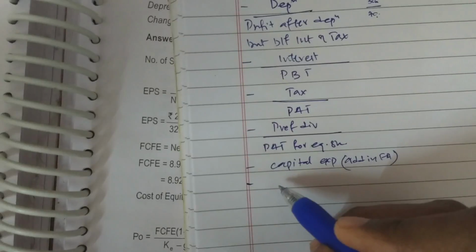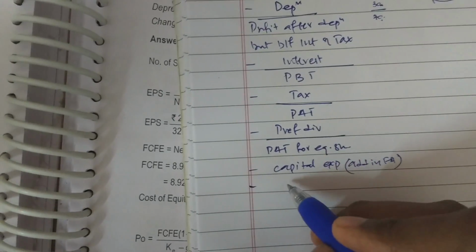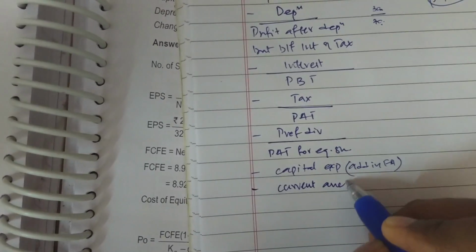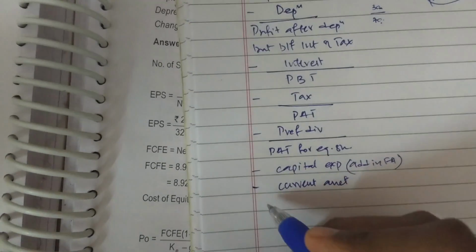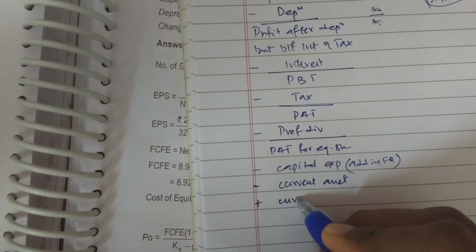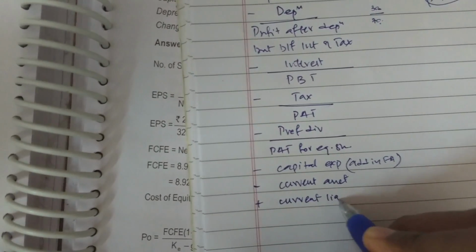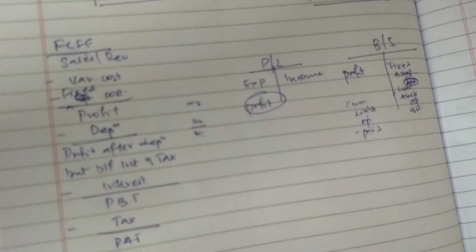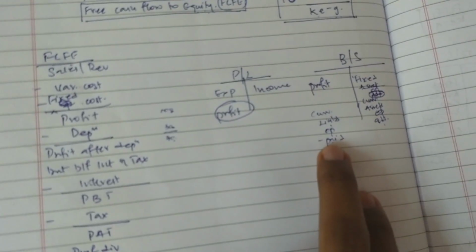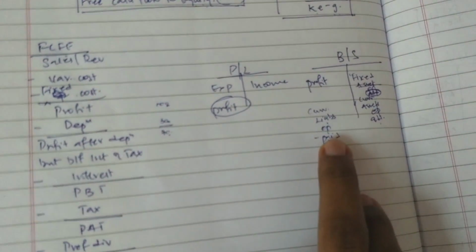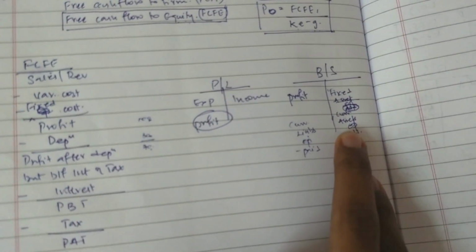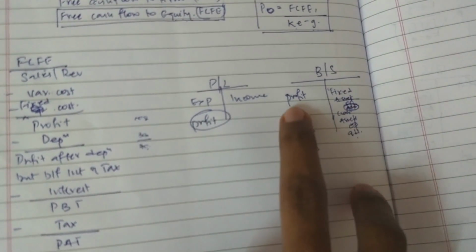Minus your current assets purchased. Now plus current liability. We add current liability because it is on the same side as profit, so we cannot reduce it. Obviously that's logical. Since it is on the same side as profit, we have to add it back, so as to increase your profit. Whereas current assets and fixed assets have to be reduced so as to decrease your profit.